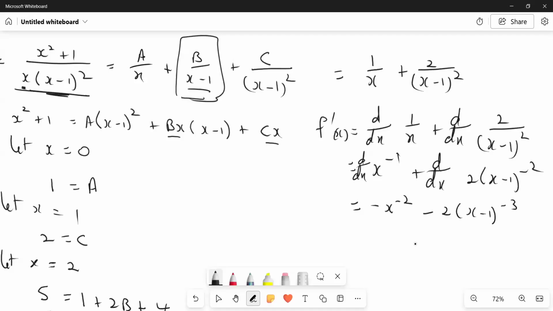Minus 2 times 2, minus 4 here. So we get minus 1 over x squared minus 4 over (x minus 1) cubed, right? And that's our derivative. Or maybe we can take out the minus sign totally and put it outside in our bracket and all of that.